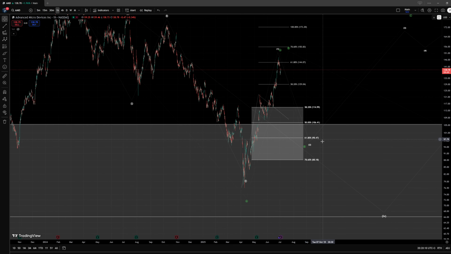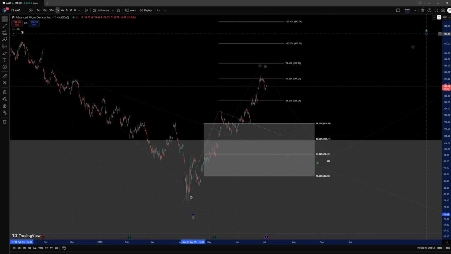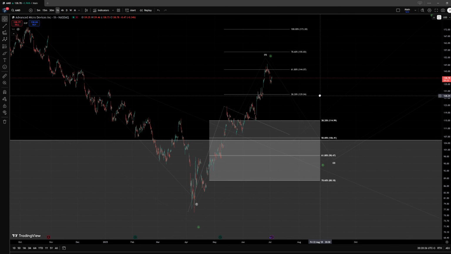It's there to protect us and know when the likelihood that we are actually going higher decreases severely, and that is below $88.